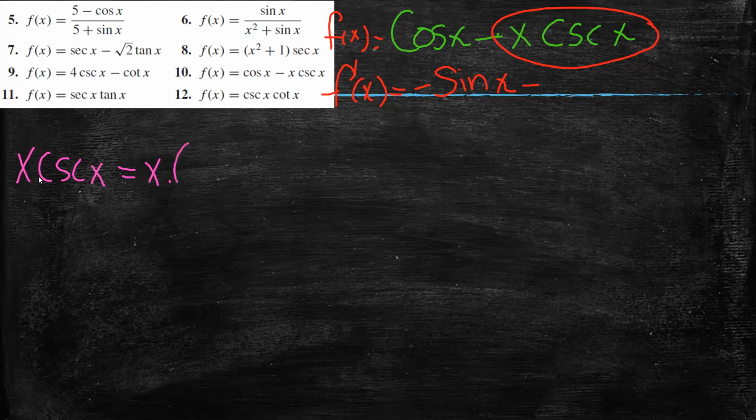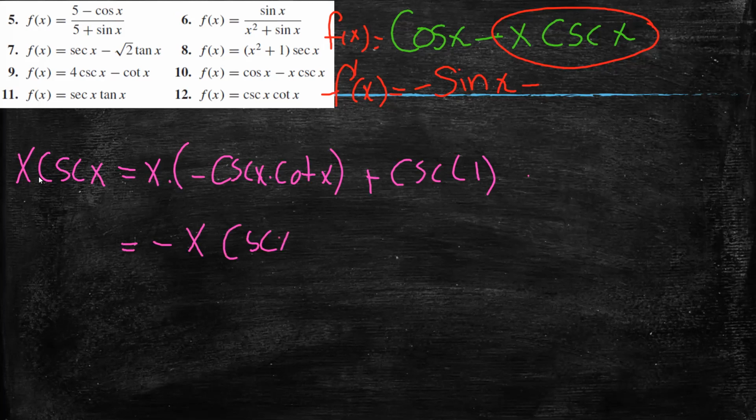Negative cosecant times cotan, plus the first times the derivation of the second plus the second times the derivation of the first one. Then it will be negative x cosecant x times cotan x plus cosecant x. This is the derivation of x cosecant x.